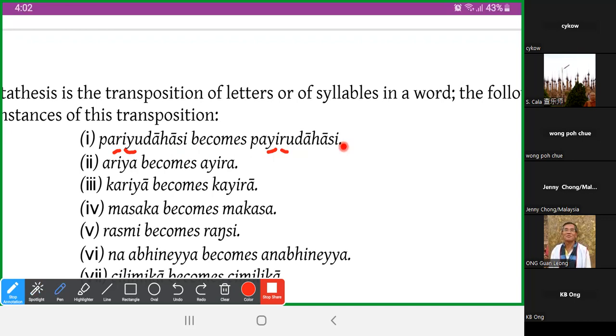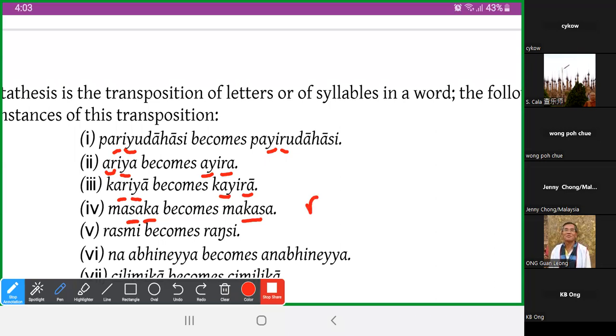It seems to happen with the R sound a lot. Ariya is noble one. So it becomes aira. Kariya becomes kaira. Right? So the S and K. So masaka, makasa. So there are some changes here. Makasa, I think it's a mosquito, yeah.